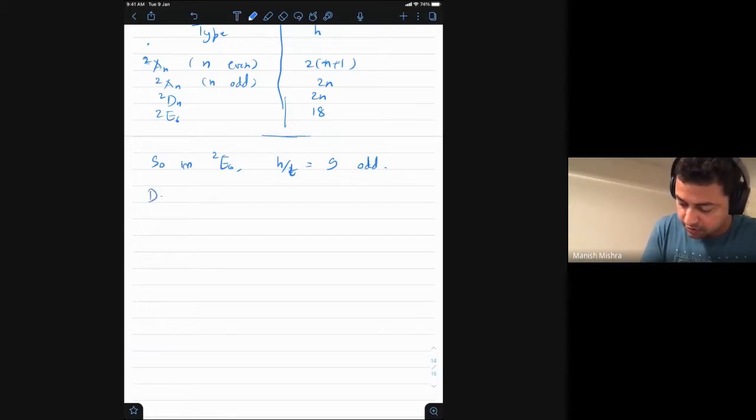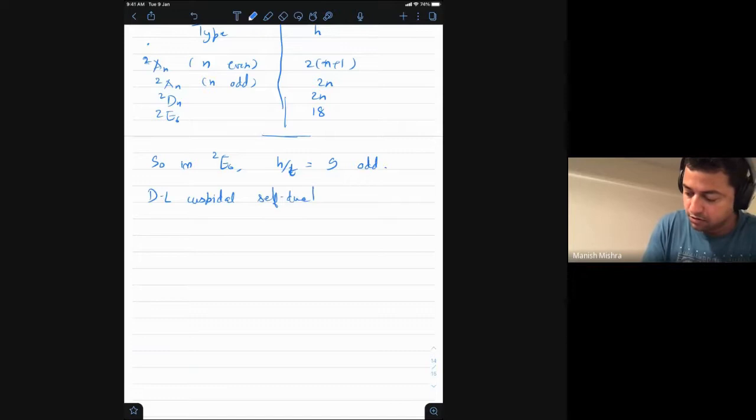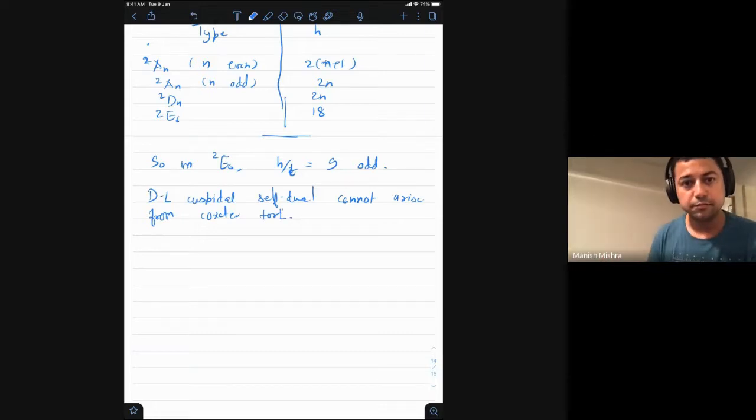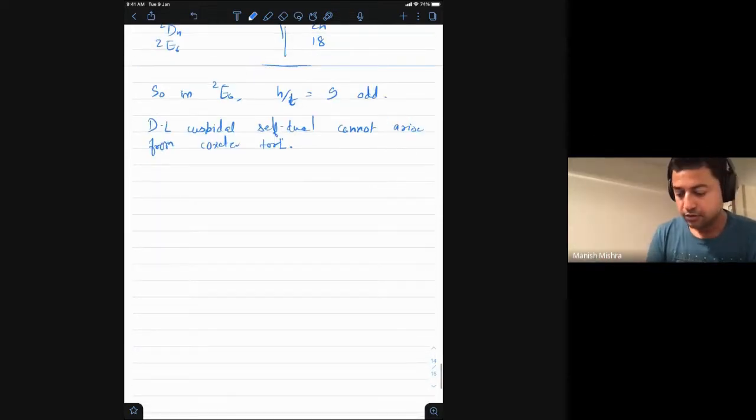Cuspidal dual cannot arise from Coxeter tori, by the proposition that we proved already. But we can look for other elliptic tori.